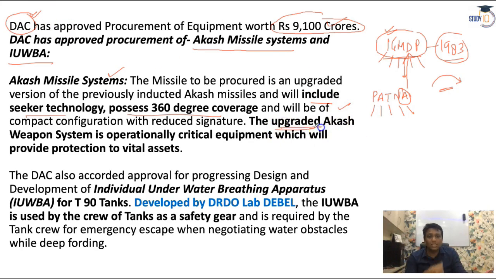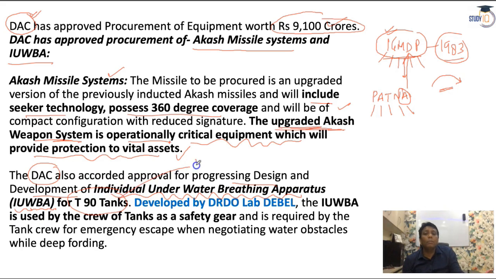So this is the upgradation of the old Akash weapon system, which was operational, with critical equipment which will provide protection to vital assets. DAC also accorded approval for the progression and design and development of individual underwater breathing apparatus for the T-90 tank.